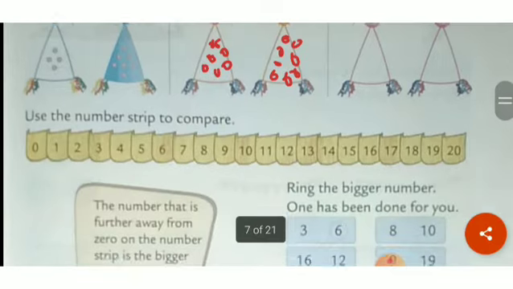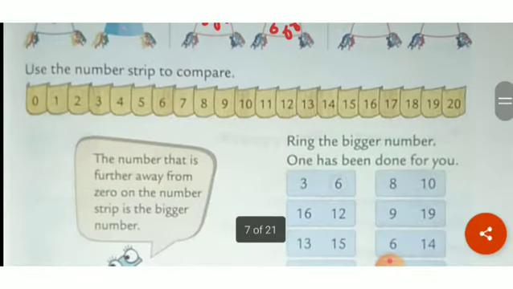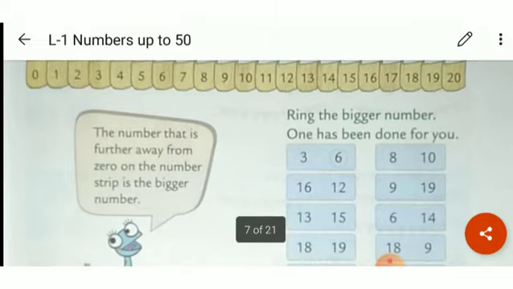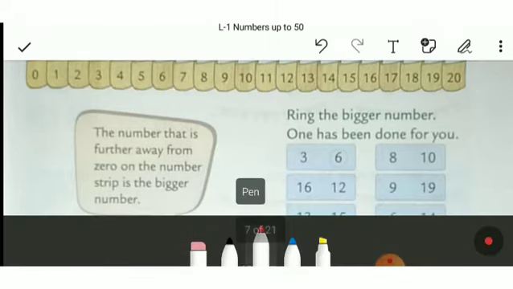Now use the number strip to compare. Some examples are given on this. You have to use this number strip and identify which number is bigger. See the first example, 3 and 6 are given. So in 3 and 6, which is the bigger one? See, the number which comes later in counting is the bigger one. 3 comes first and 6 comes after in counting.